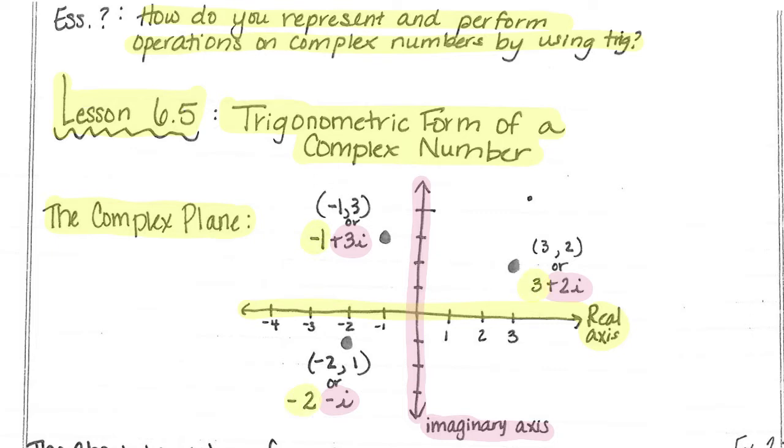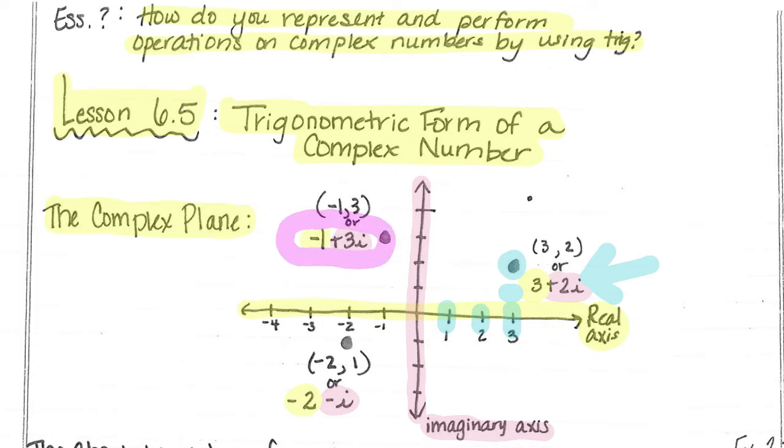So if I have to graph 3 plus 2i, I'm going to move 3 on the real and up 2 on the imaginary. So you probably get it. You've seen this stuff before. It's kind of like graphing in a Cartesian coordinate system, but we're not.